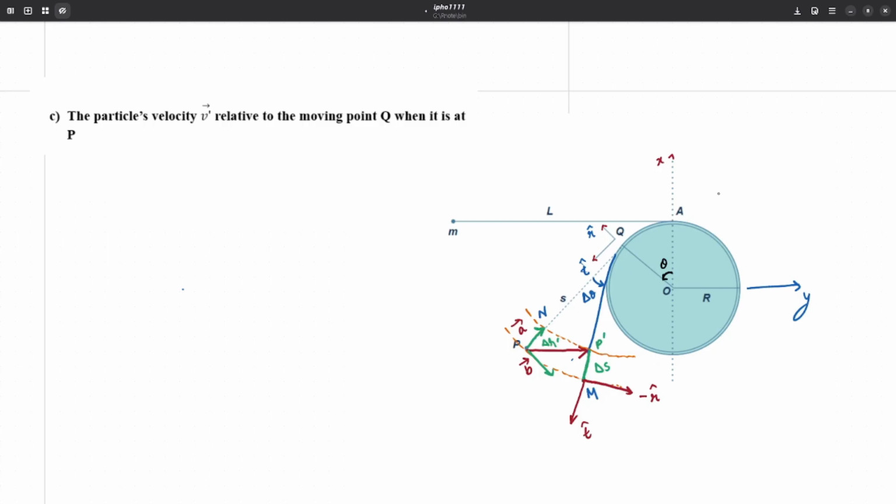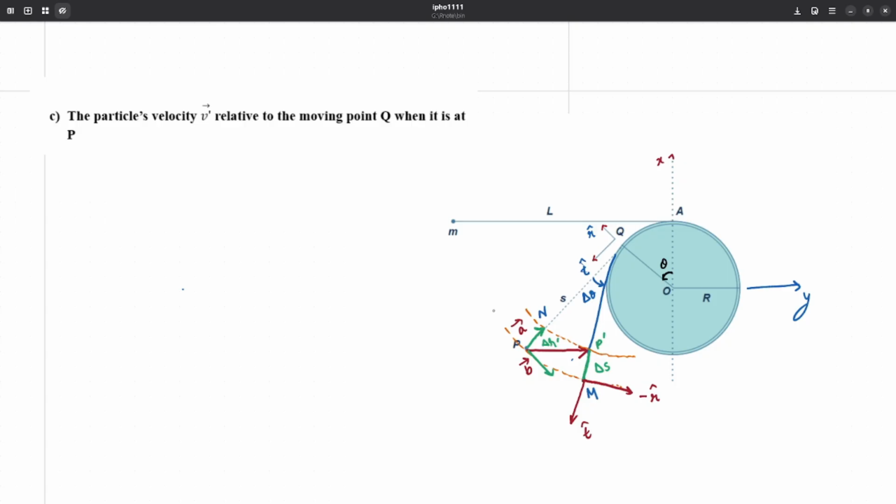In the question, it is said that the point Q is moving, and we have to find the velocity of a particle relative to the moving Q. According to the diagram, P moves to P prime and Q moves downwards, and hence the relative displacement is delta r prime with respect to Q along the y-axis. P prime descends, say by delta s, and so P ascends by delta s.